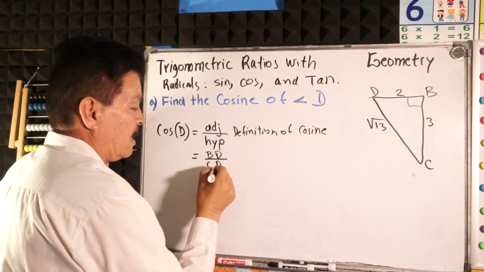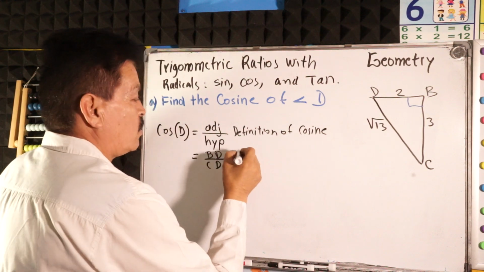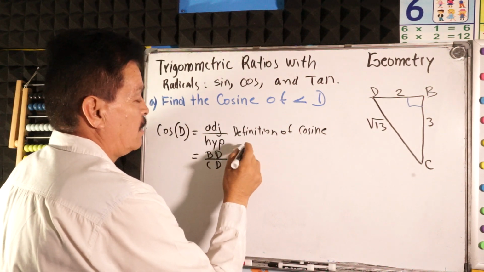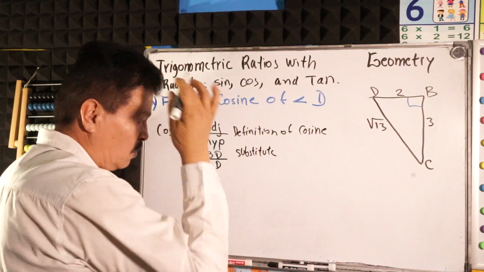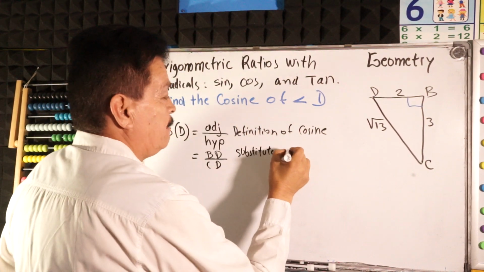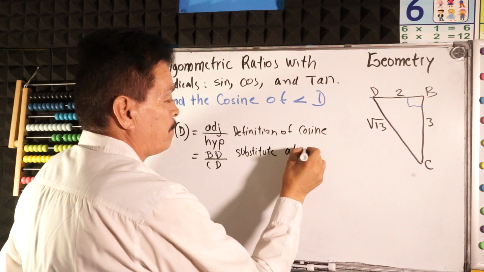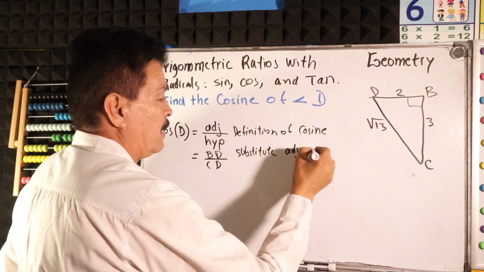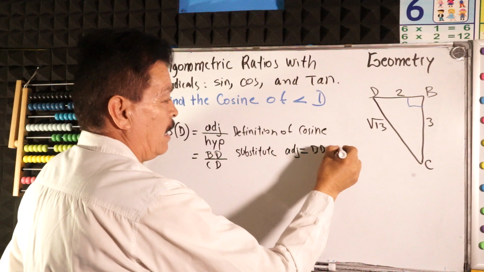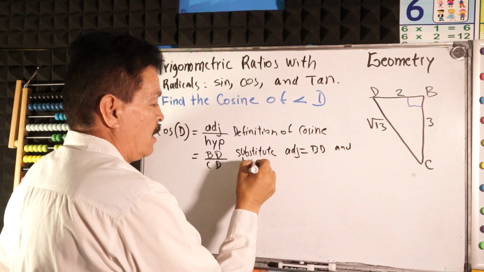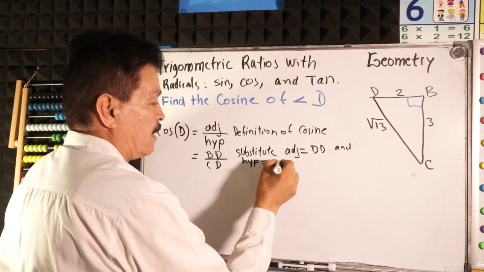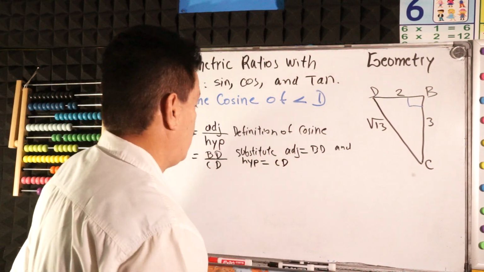So this step is called substitute: adjacent equals BD, and hypotenuse equals CD.